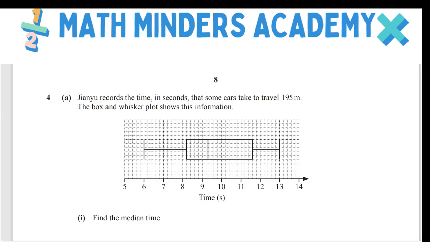So the median time for this box and whisker will be this line here. The median is going to be this line here.